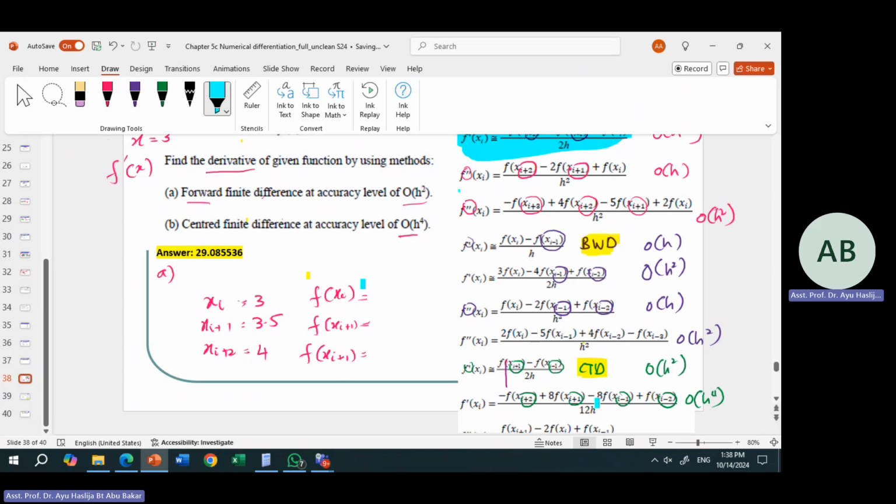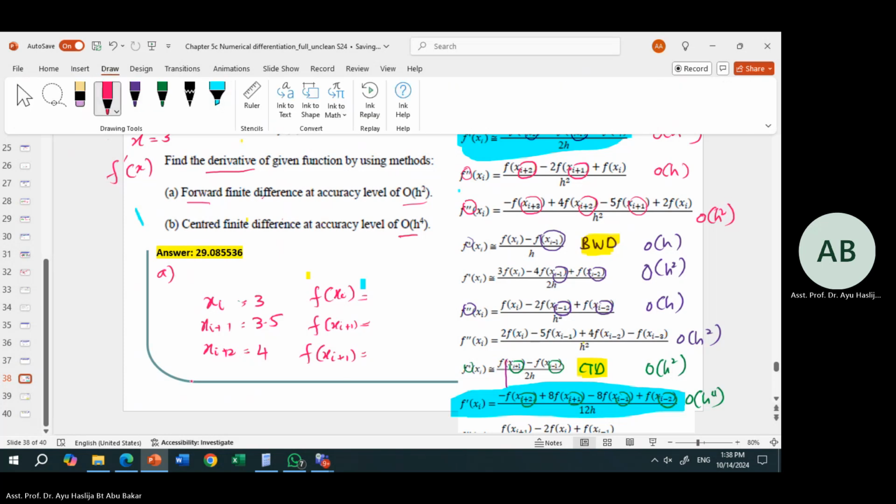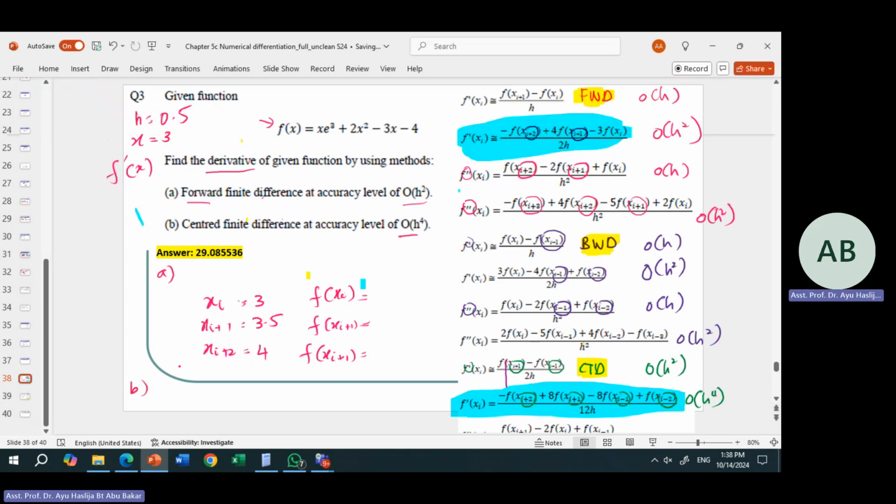So identify your equation, first derivative, centered level 4, this one. Okay, so for this, you require x i plus 1, plus 2, minus 1, minus 2. Okay, so minus 1, i minus 2.